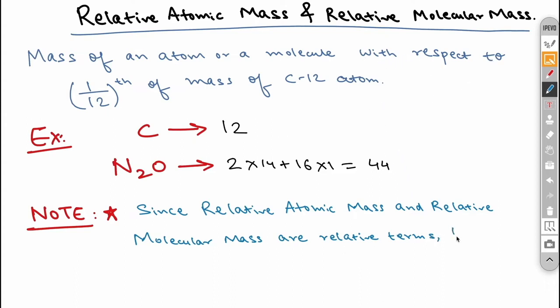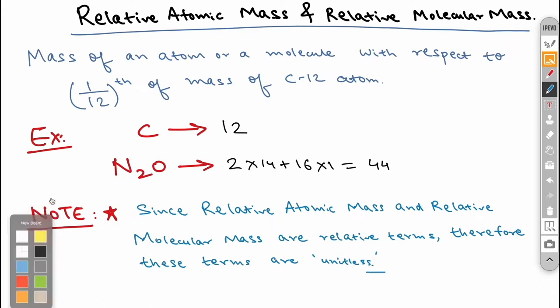So it's a relative term. Since relative atomic mass and relative molecular mass are relative terms, these terms are unitless. Basically, when we write the final answer, we don't need to write the units. These are unitless terms.